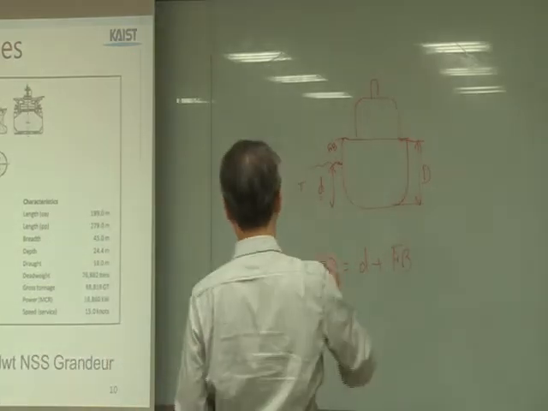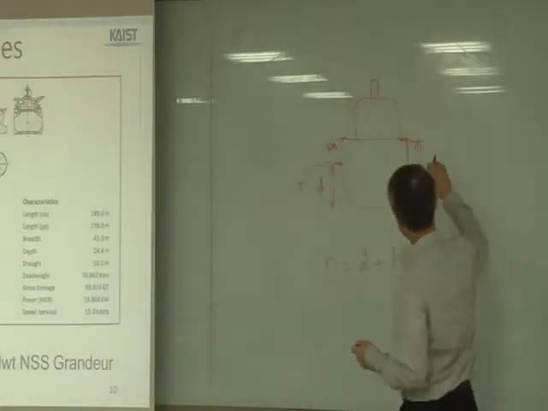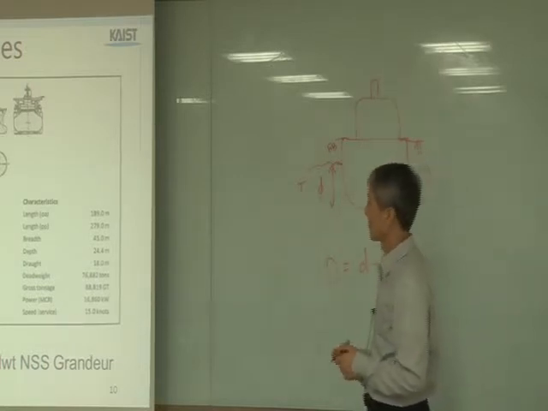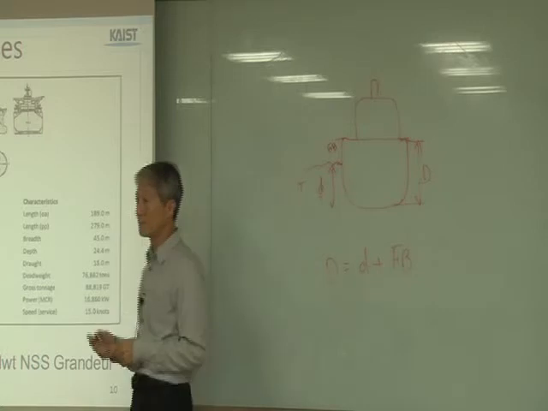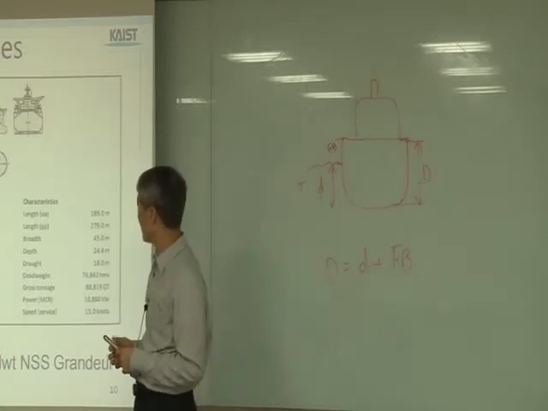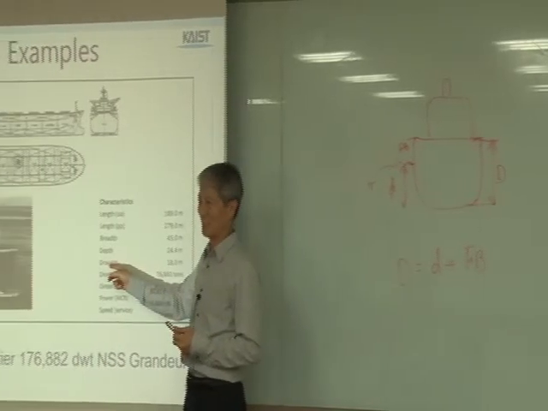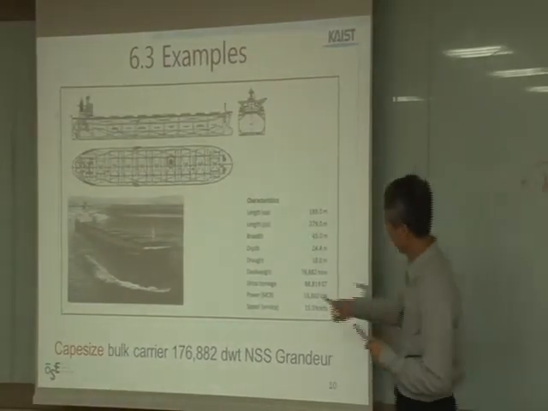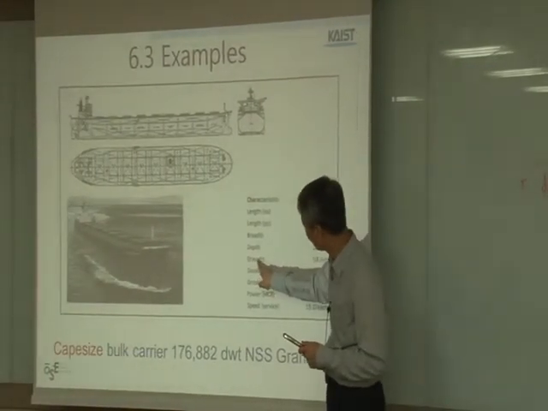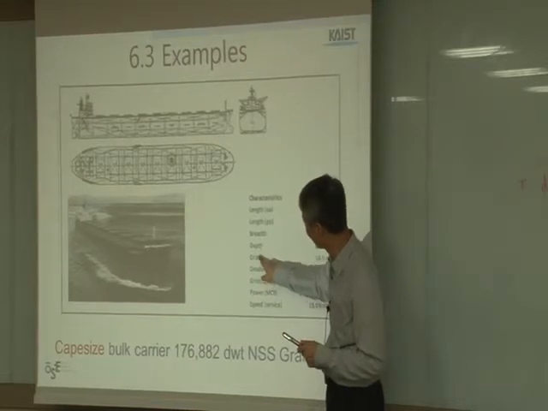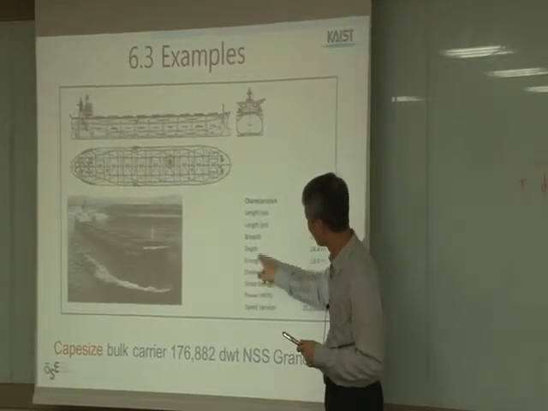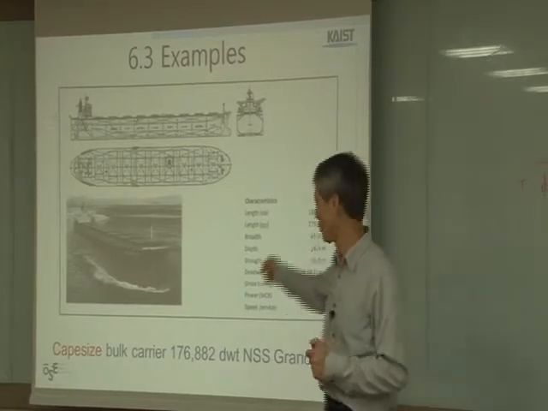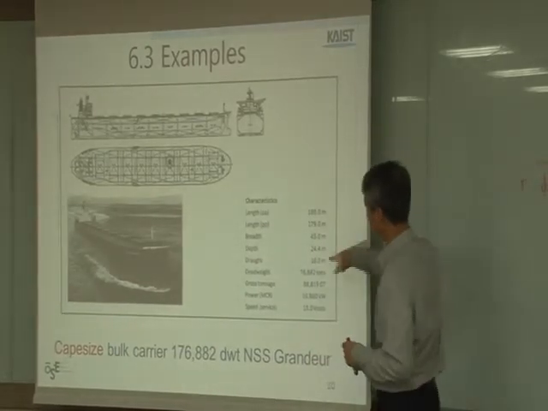So depth minus freeboard should be draft. The spelling is correct. Oh, it's an old word. Nowadays we have a short name, draft, without UGH, just F. But this is an old English word.